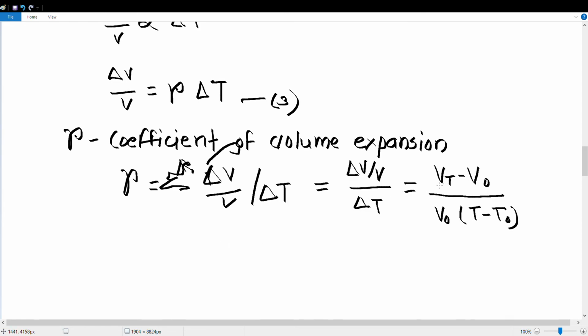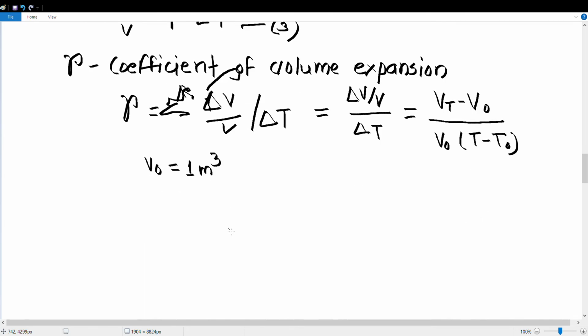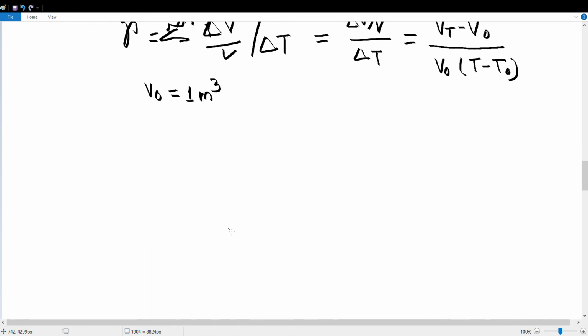Now let us consider in this equation that we have a cube whose volume at initial temperature is V0 and is 1 meter cube. What is the initial volume? The initial volume is 1 meter cube.